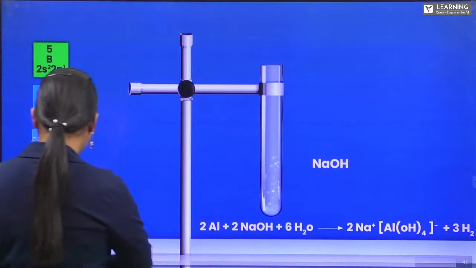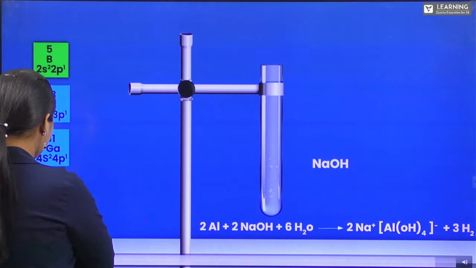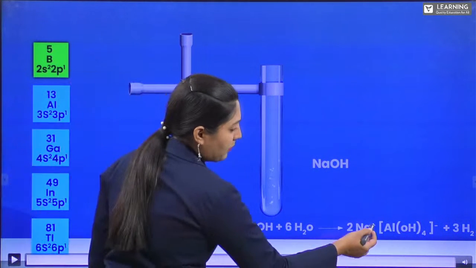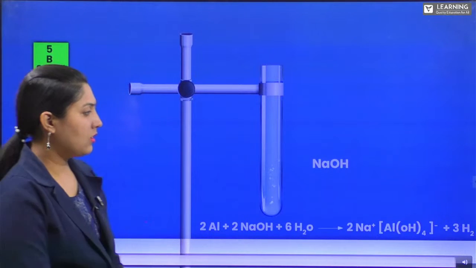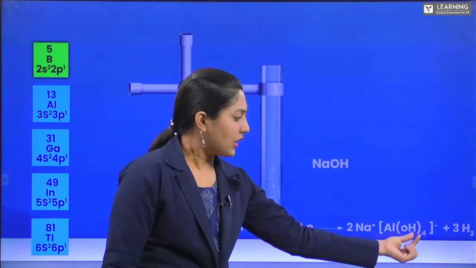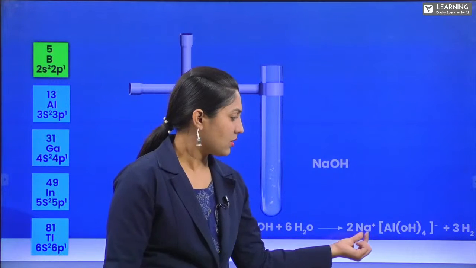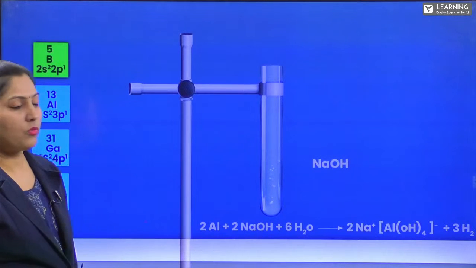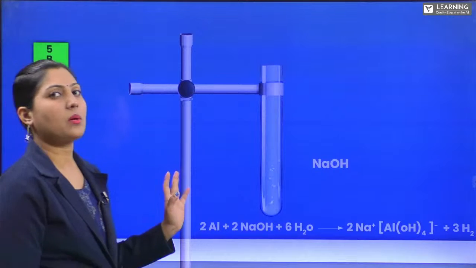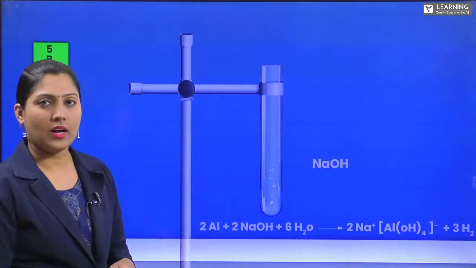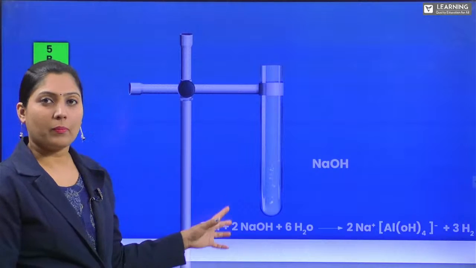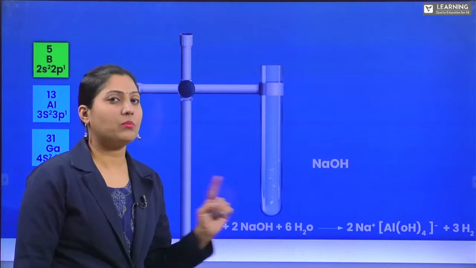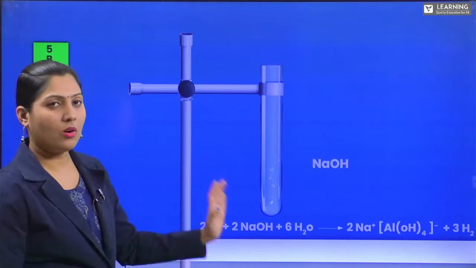You can see Na+ [Al(OH)4]-, right? Tetrahydroxoaluminate, sodium aluminate, we will get. So this is the complex formed when aluminium is added to sodium hydroxide, with liberation of hydrogen gas. This is the chemical property of aluminium reacting with acid as well as base, but boron will not react with acid or base.